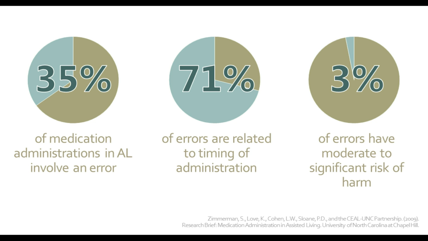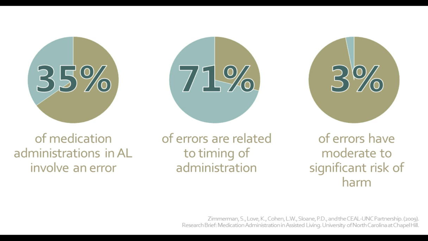What's, I think, though, most interesting is our staff do an amazing job at conquering that big task. Studies show that 35% of medication administrations in assisted living involve an error. And at first, I'll grant you, that sounds pretty bad. The idea that over a third of medication administrations would involve some sort of error.